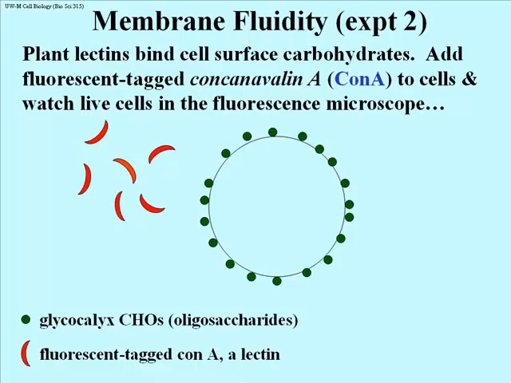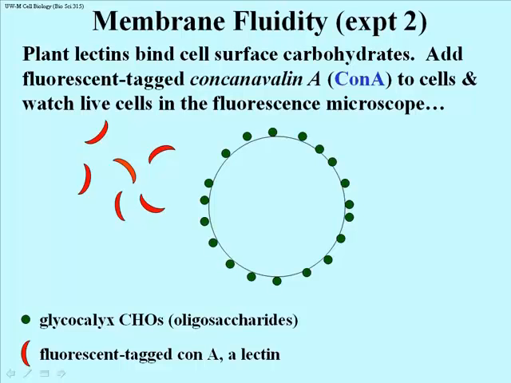The cartoon shows glycocalyx oligosaccharide coated proteins in green. So the cell is this circle coated with sugars, and the con A is this reddish crescent shaped molecule. Each con A molecule can actually bind more than a few sugar residues. So lectins are fairly large proteins with a number of different binding sites for sugars.